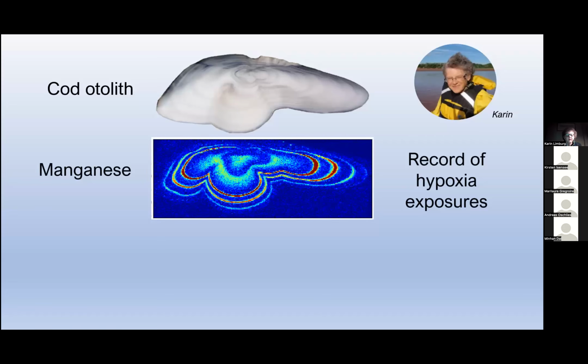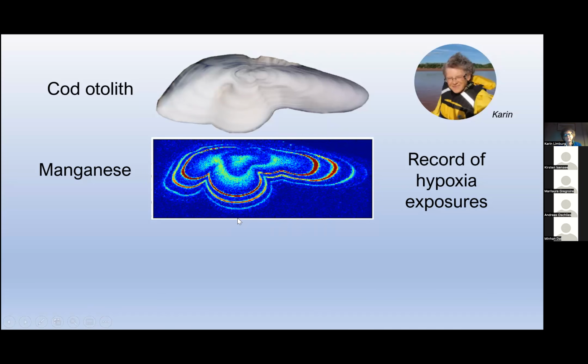For hypoxia, we've found that the trace element manganese, which becomes available at very, very low oxygen concentrations, but then sticks around for a while, is a pretty good recorder of hypoxia exposures. In this case, with a cod otolith cross section, we can see the visual optical image, and then we can see the same otolith analyzed with synchrotron radiation, and we can see manganese episodes, which are colorful, red being highest exposure.